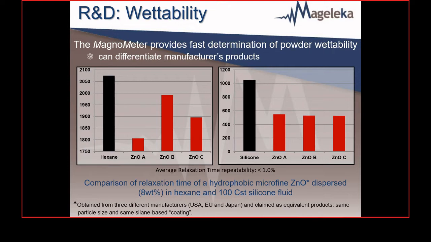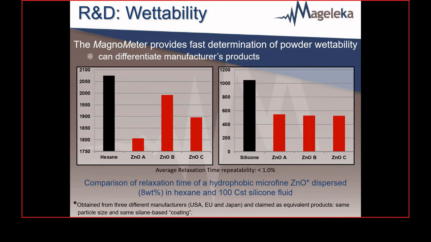However, what happens if the dispersing fluid is an organic fluid and not a silicone, which is an inorganic fluid? In the second example on the left, I just used hexane itself. You could use anything to test this, but as we see here now, when we disperse these zinc oxides in hexane, we get huge differences.